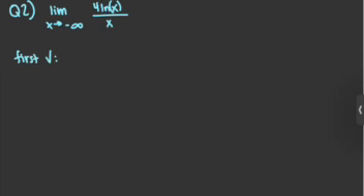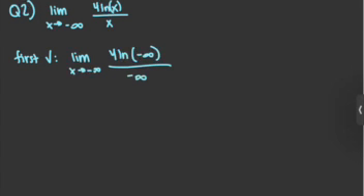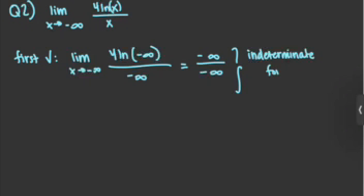Now we're going to head into our second example. So now we have the limit of 4 ln x over x as x approaches negative infinity. As you see, we're going to first do our check to make sure that our answer will be an indeterminate form. After doing this, we know that negative infinity over negative infinity is an indeterminate form.